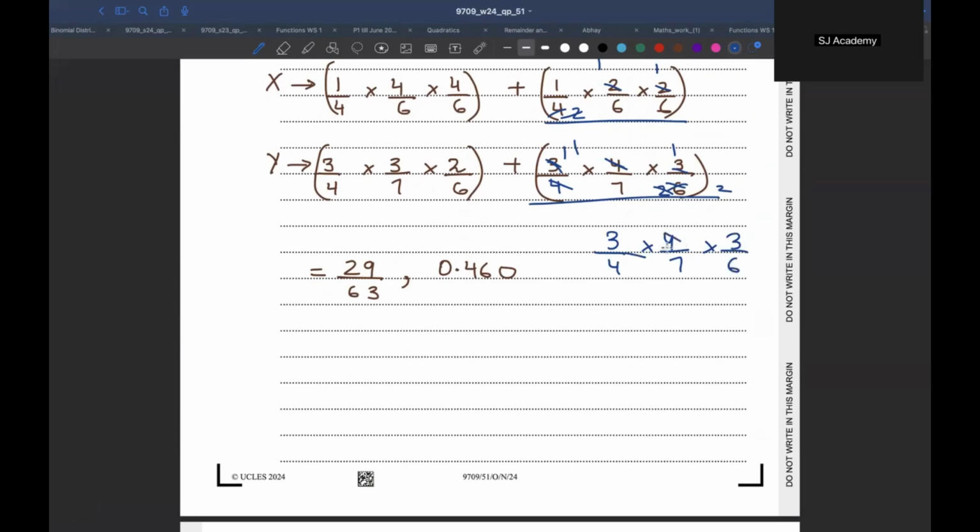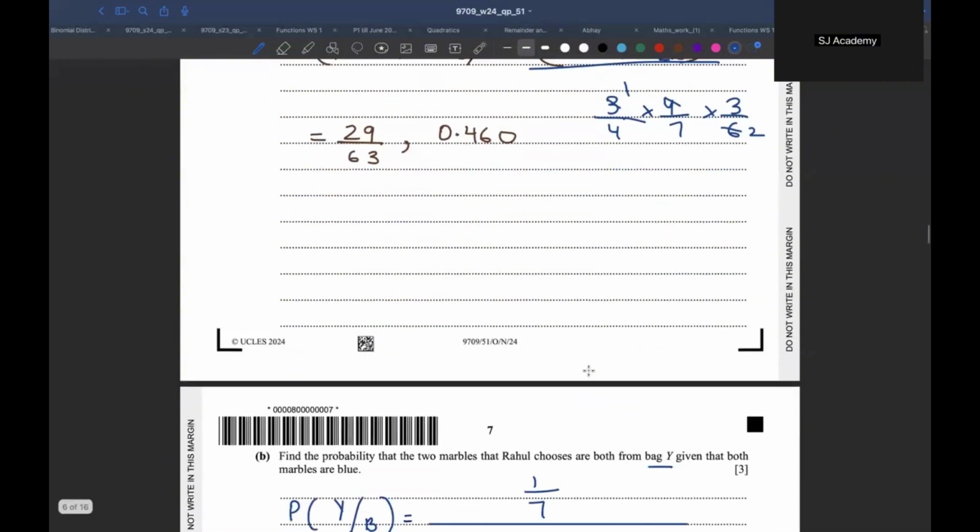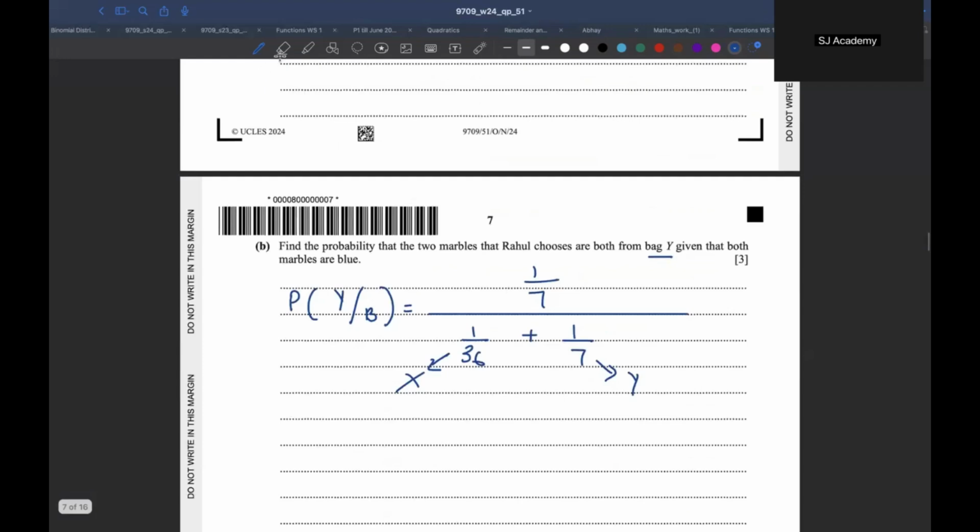So 4 4 cancels out. 3 1 times, 3 2 times. So I should be getting 3 upon 14. This should have been the probability. The earlier one is incorrect. We'll put 3 upon 14 over here.